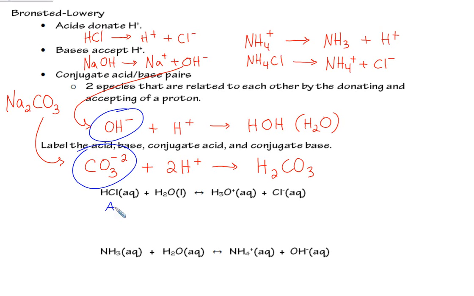If I look at its partner on the other side, here's hydrochloric acid, and we find its partner. It probably matches with the chloride, right? Then we ask what happened going forward. Going forward, that HCl was a hydrogen donor. We lost a hydrogen. But do you notice that these have double-sided arrows?